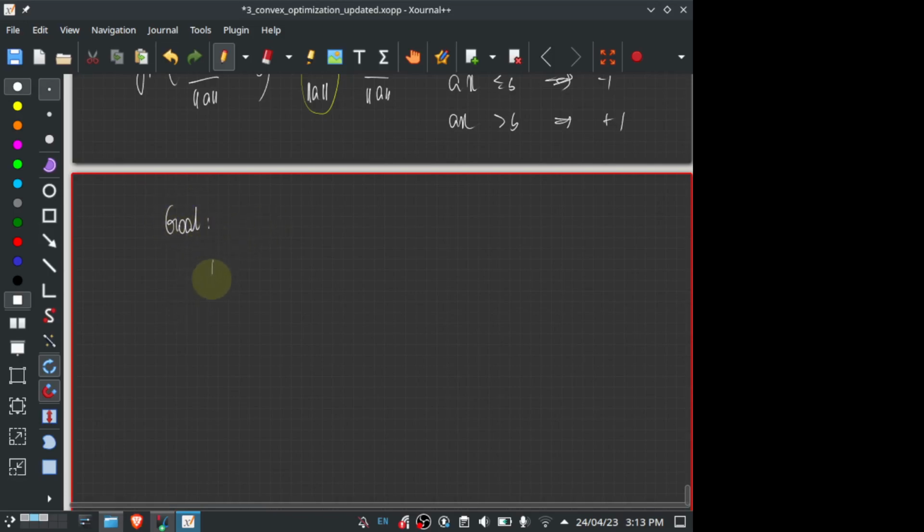So the goal is basically to minimize norm A square, let us say. But I also want to minimize the deviations. So I'll take summation i equal to 1 to the total number of points of alpha i raised to some p.